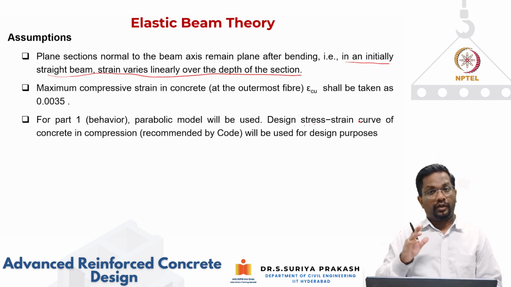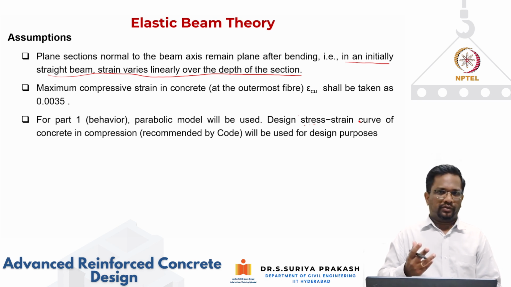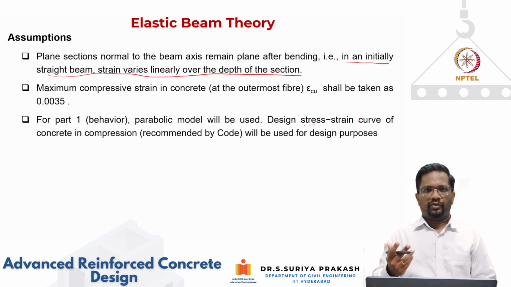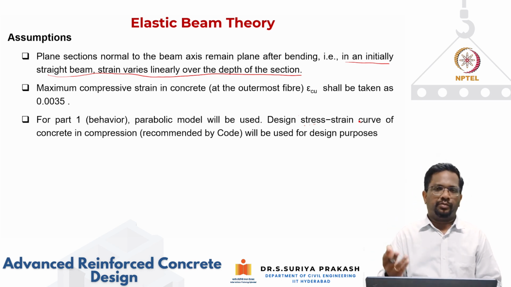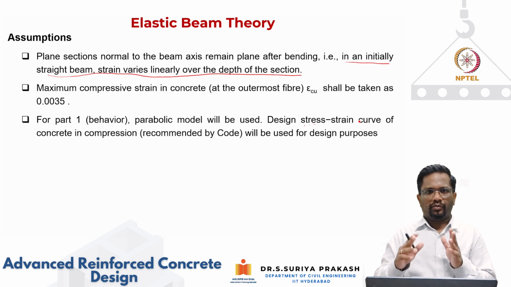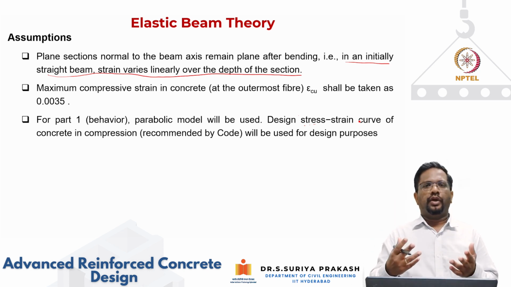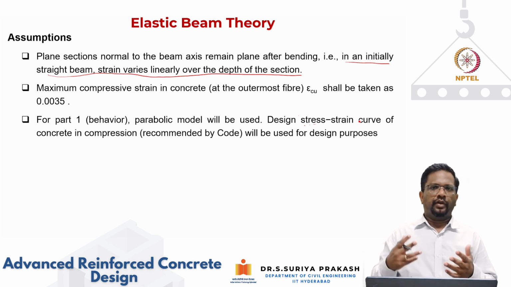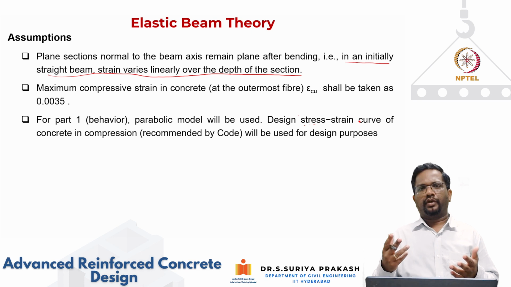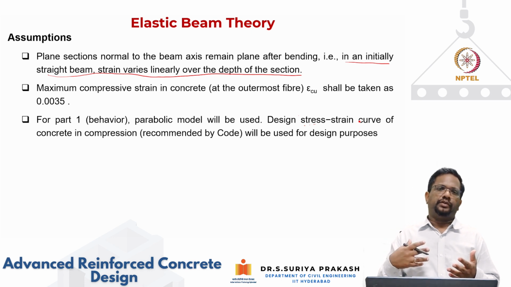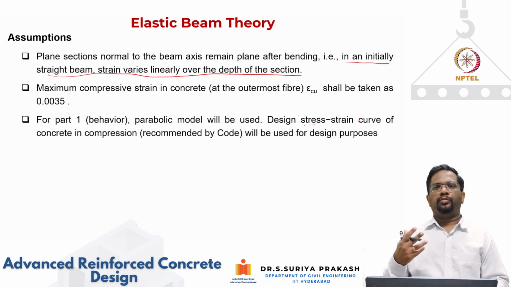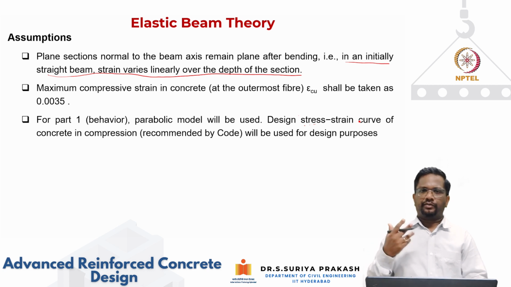Now, depending upon what kind of code you're using, for example, if you're using the IRC code, then the constitutive equations will be different, that we discussed in the material chapter. So don't worry about why you have to use different constitutive equations. Tomorrow, let's say if you have to use a special concrete like ultra high performance concrete or a steel fiber reinforced concrete, then whatever stress strain curves are specified by the IS codes are not actually valid.